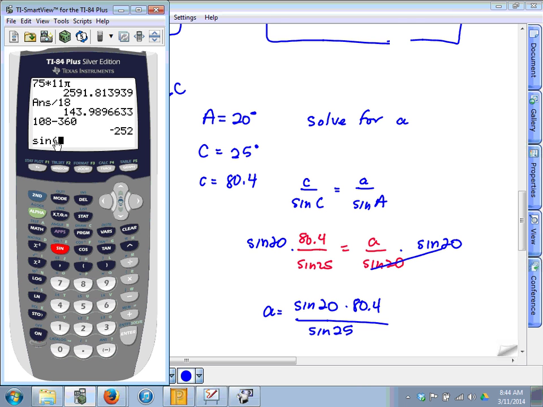See how mine automatically opens a parenthesis. If I type in sine of 20, but then I don't close it and I start multiplying by 80.4, do you see what the mistake's going to be here? So you've got to make sure to close that parenthesis. Then multiply by 80.4. I'm going to hit enter here. Then divide that by the sine of 25. And I get 65.1.